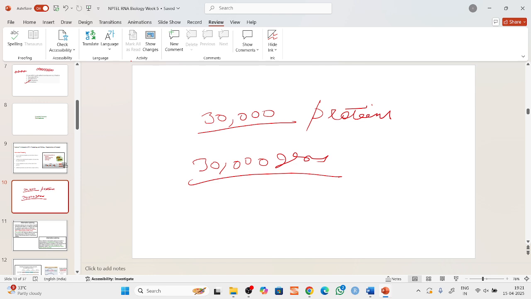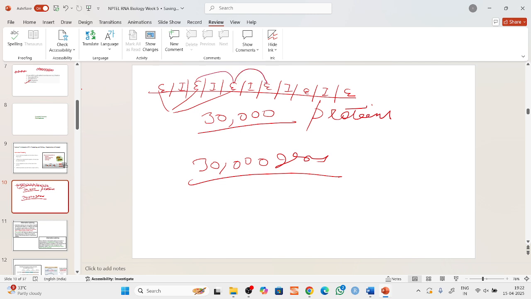How? If this is your pre-mRNA, this is your exon, intron, exon, intron, exon, intron, exon, intron, exon, intron, exon. Sometimes I am taking this and this exon. Other times I am taking this and this exon.